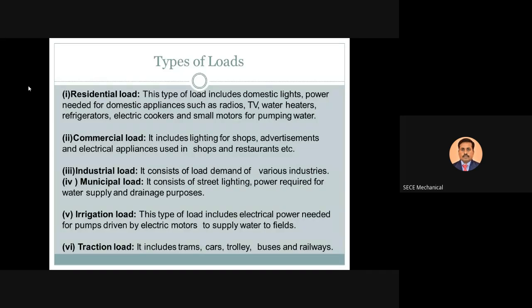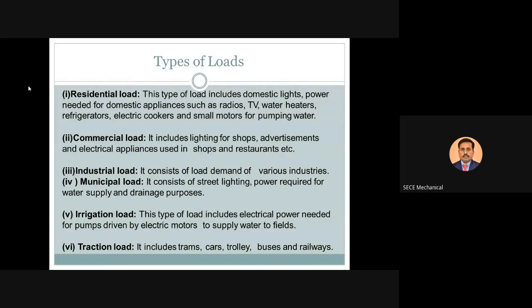Residential load is power used for residential purposes, for example domestic lights in the houses, and radios, TV, water heaters and refrigerators in the homes. Everything comes under residential load, since in the home we use several instruments for domestic applications.